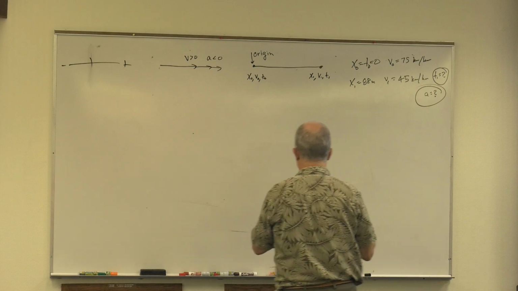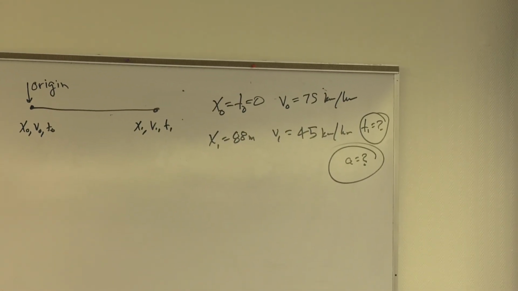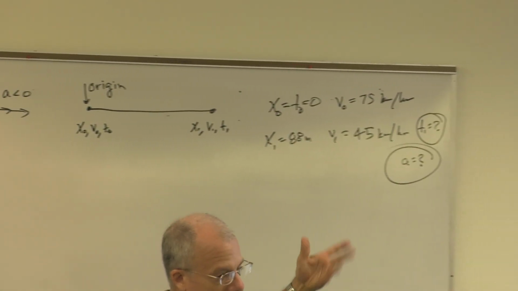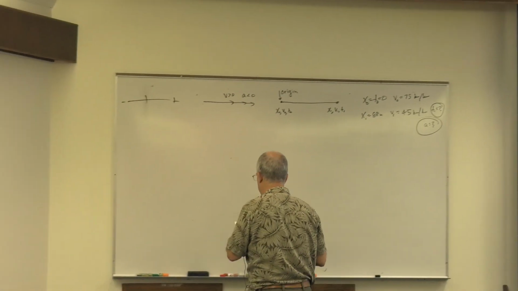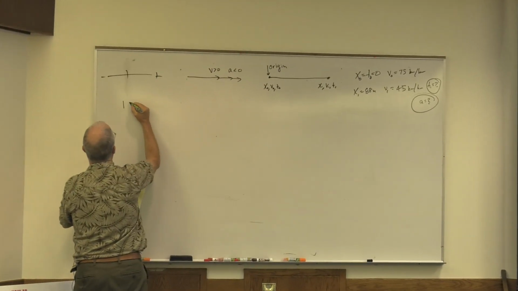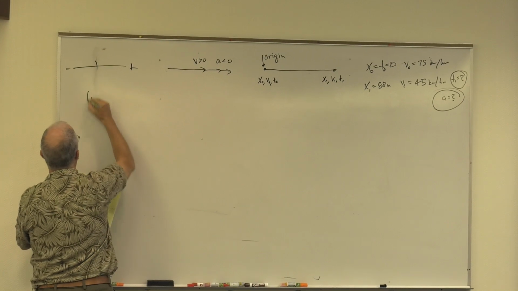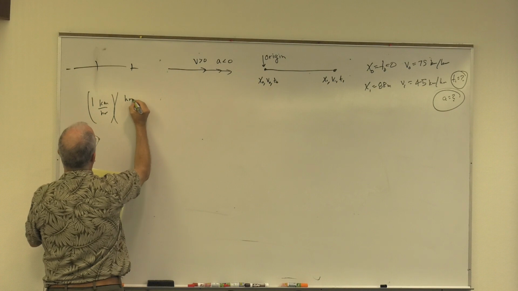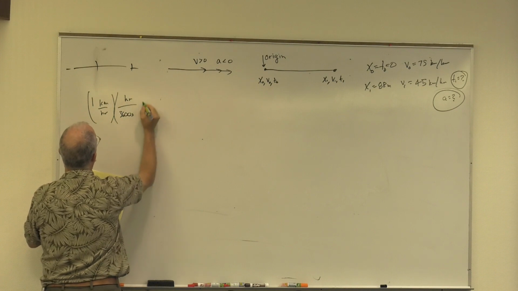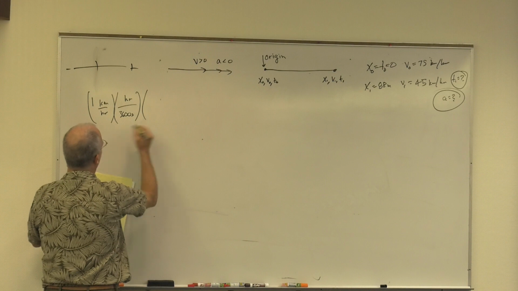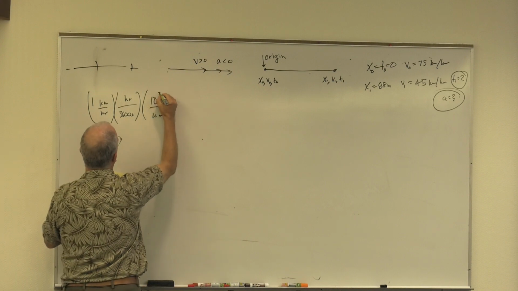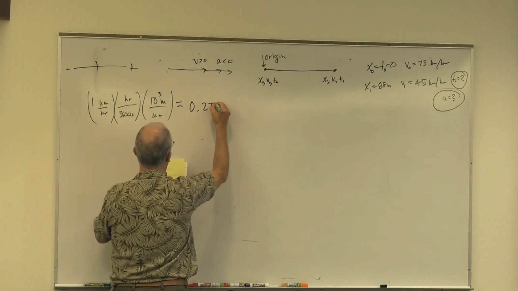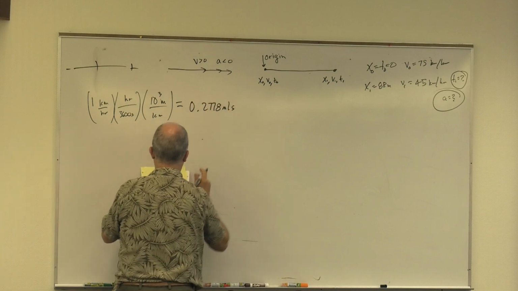Okay, awesome. All right, we got to get rid of these kilometers per hour. We have to do it twice, so let's just get the factor and use it twice. So 1 kilometer per hour: 1 hour equals 3,600 seconds, and 1 kilometer equals 1,000 meters. I multiply that out and get 0.2778 meters per second.